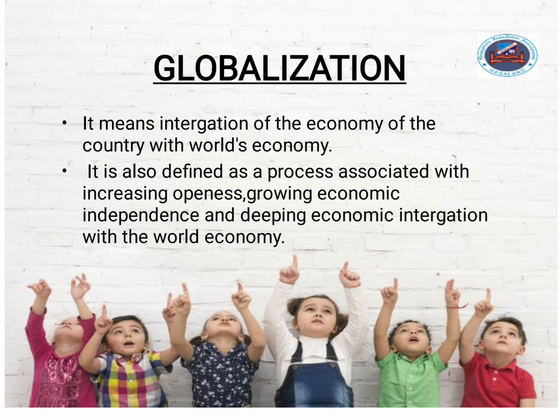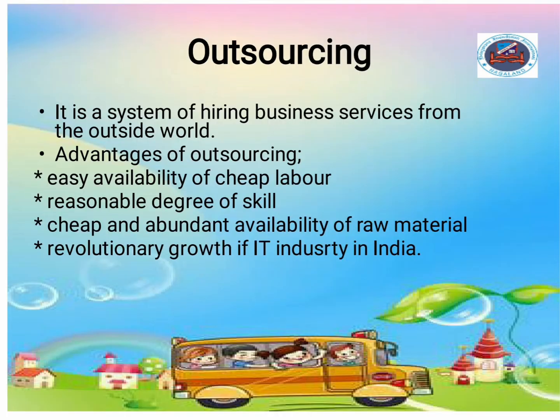Now, this globalization is defined as the process associated with increasing openness, growing economic interdependence, and deepening economic integration with the rest of the world or the world economy. One of the major steps taken under globalization is establishing an outsourcing system. Now, what is this outsourcing? Outsourcing is a system of hiring business services from the outside world.